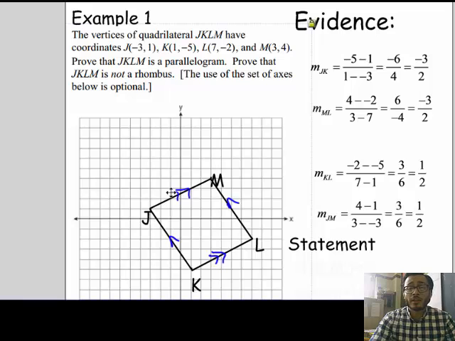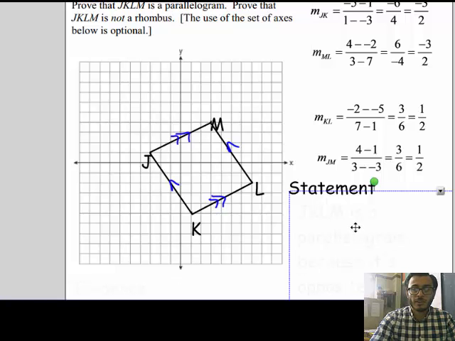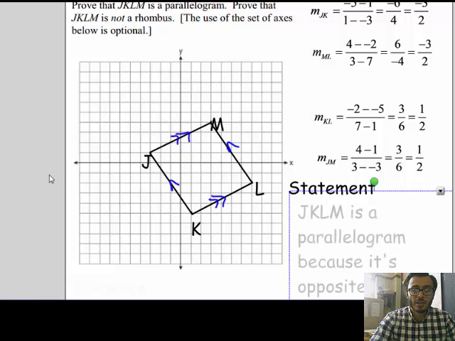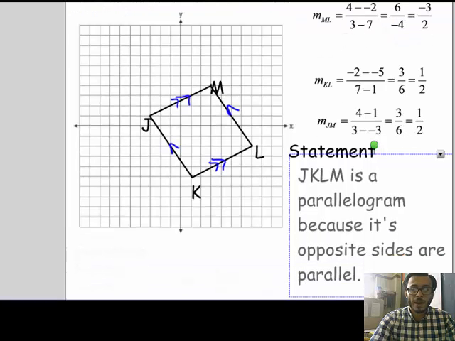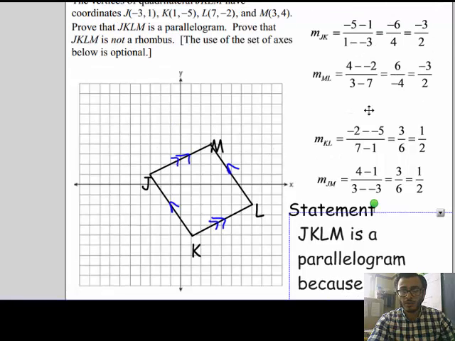So what we could conclude from that is that the figure is a parallelogram. So I'm going to write a statement saying that. I'm going to say JKLM is a parallelogram because its opposite sides are parallel. And the evidence is right over here. This is my evidence, the slopes.